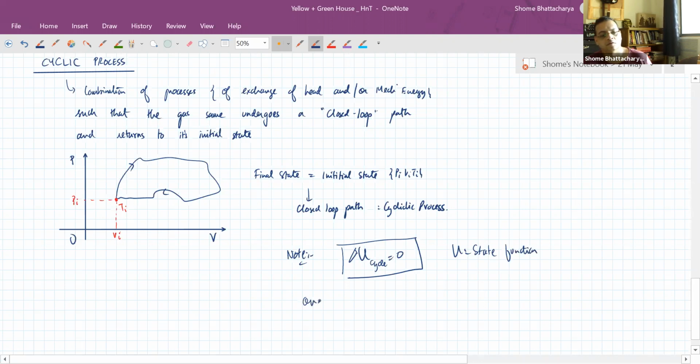Whereas the net heat supplied during the cycle will be equal to the net work done by the gas during the cycle, and both of them will be non-zero because these are path functions.